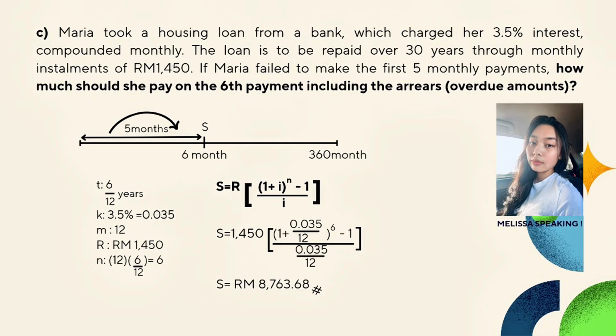S equals to 1,450 times in bracket 1 plus 0.035 over 12 and close bracket to the power of 6 minus 1 divided by 0.035 over 12. Your final answer should be 8,763 ringgit Malaysia and 68 cents.